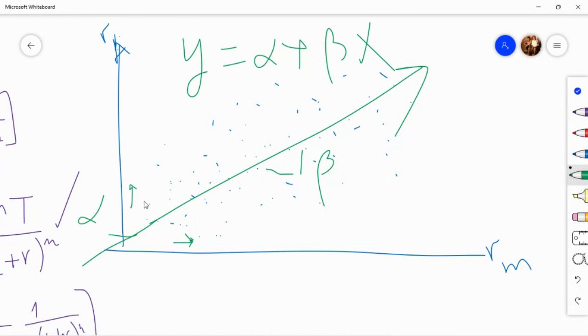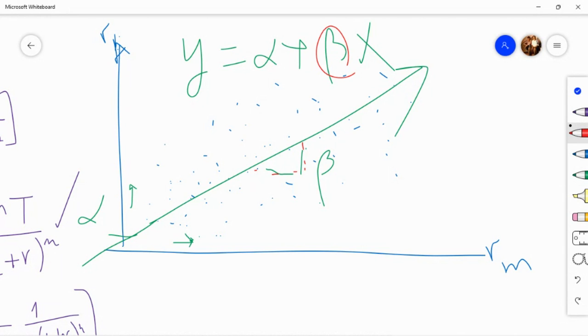Alpha for vertical intercept, beta for slope coefficient, right? So that's why it's called beta. I mean, beta is not some magic term. It simply means it's the slope. It's the slope coefficient, right? Slope of the straight line, beta.